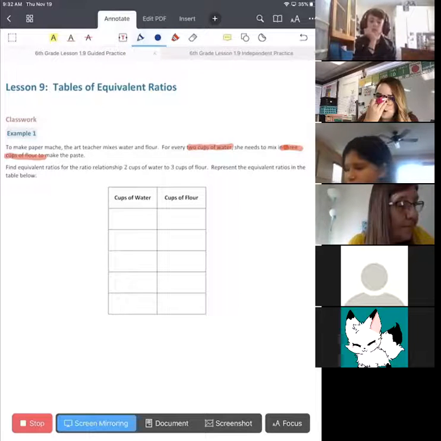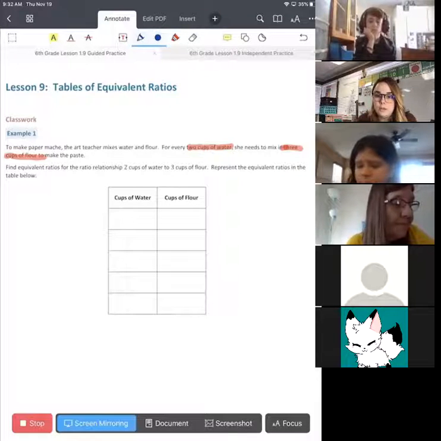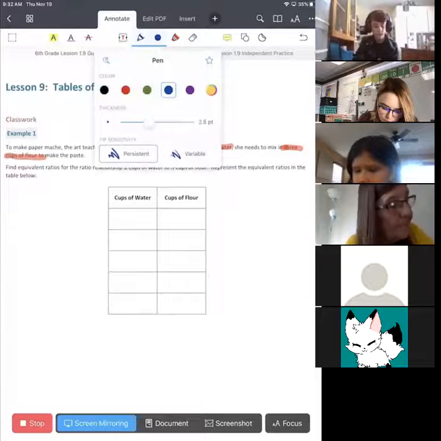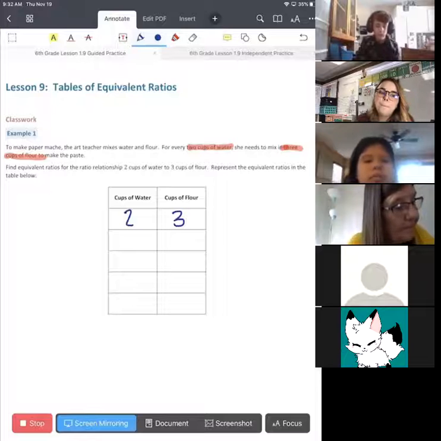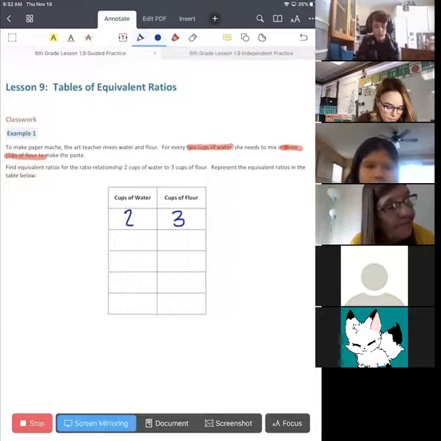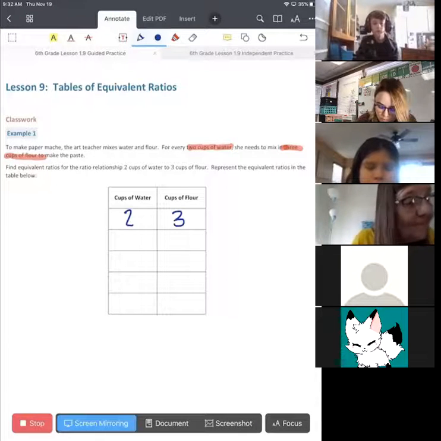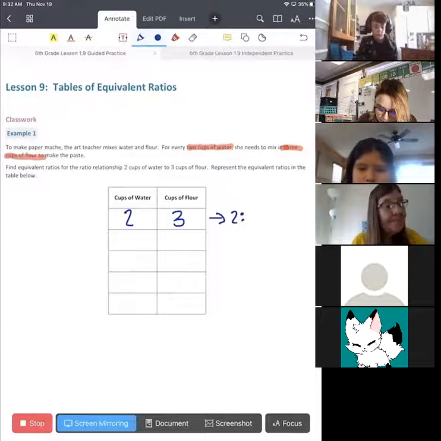So let's start by showing our kind of standard ratio. So our 2 cups of water to 3 cups of flour. So this ratio would be equal to 2 to 3.